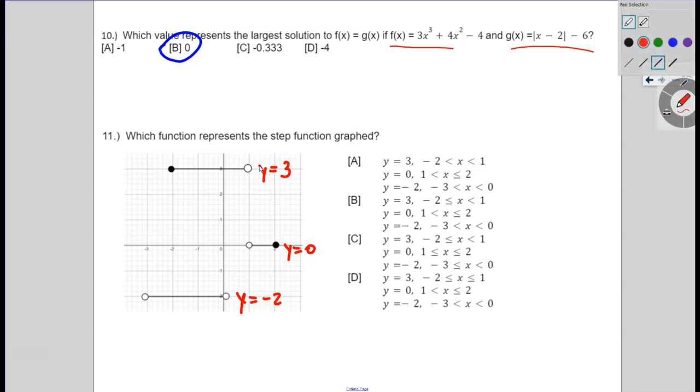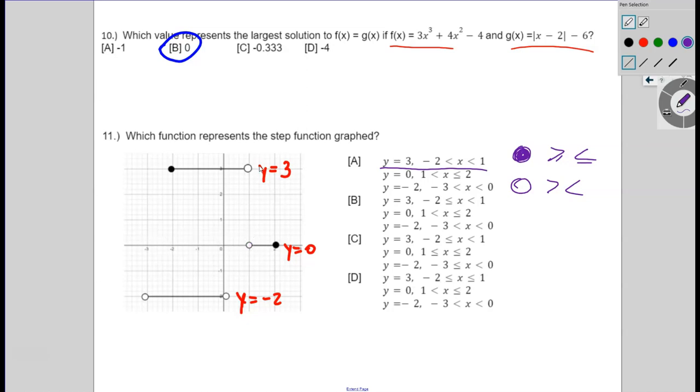Now, just a reminder, a closed circle is always going to be greater than or equal to, or less than or equal to. An open circle is going to be greater than or less than. So now, looking at answer A, for y equals 3 right here, I have points between -2 and 1.